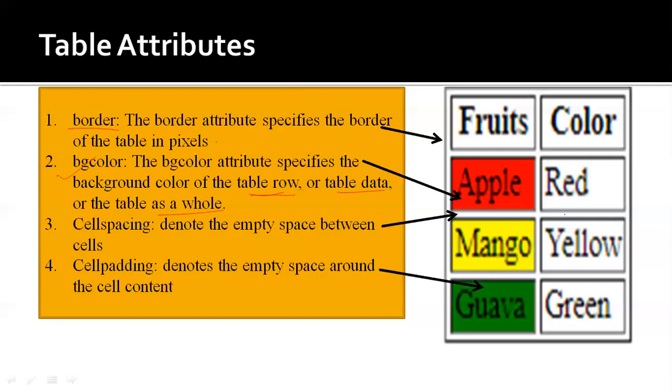The next attribute is cell spacing. It denotes the empty space between the cells. Cell spacing is this distance in between the cells.